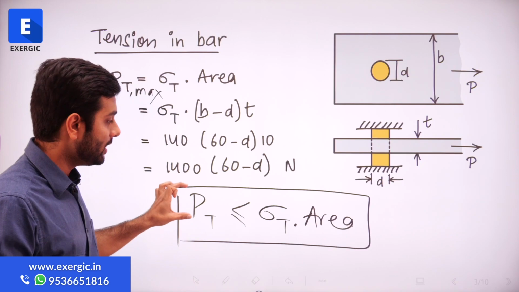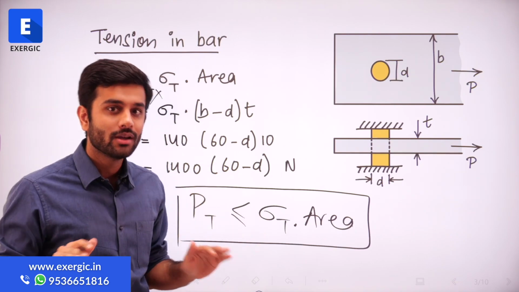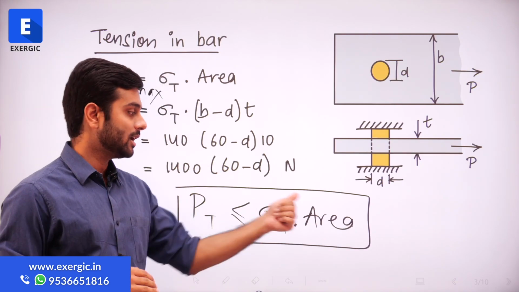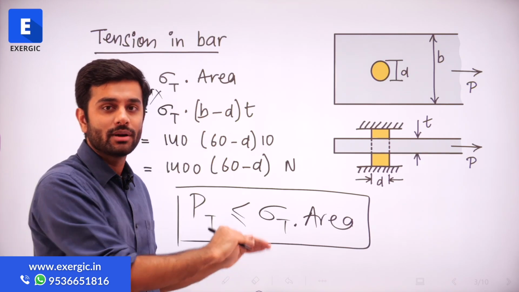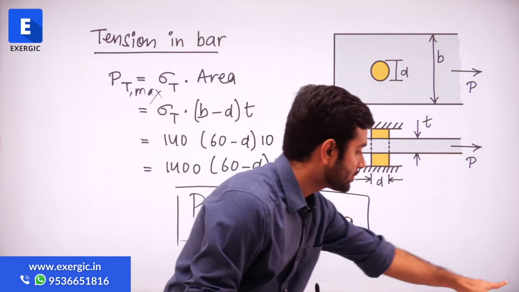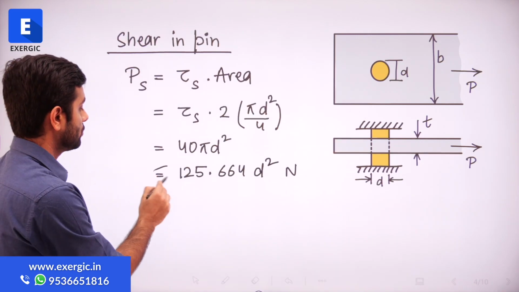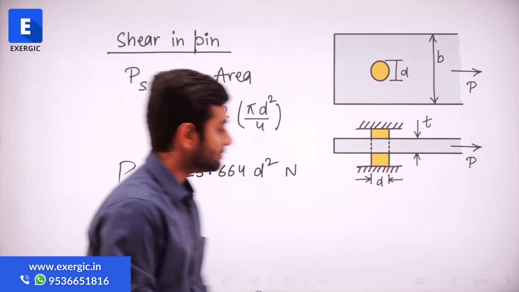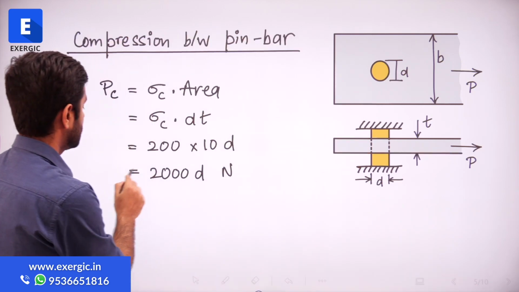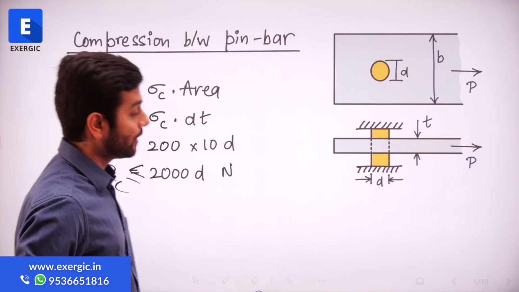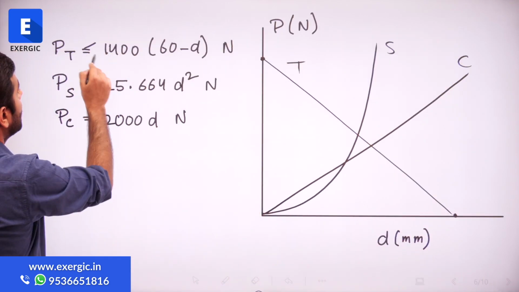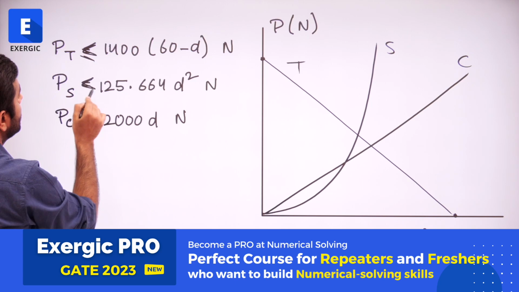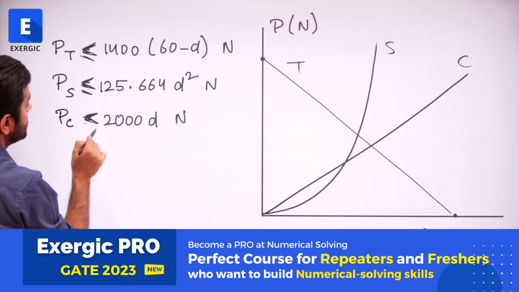It means that if you want to keep the value of P safe, it should be less than sigma T multiplied by area. The maximum value at the boundary is sigma T multiplied by area. So the same is true here also. This is also an inequality. Same is true here also. This is also an inequality. So basically here also these three are inequalities and not complete equations.